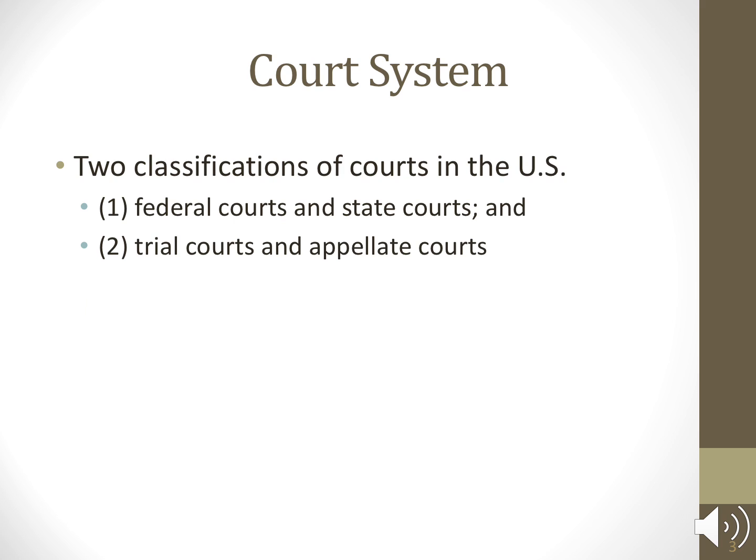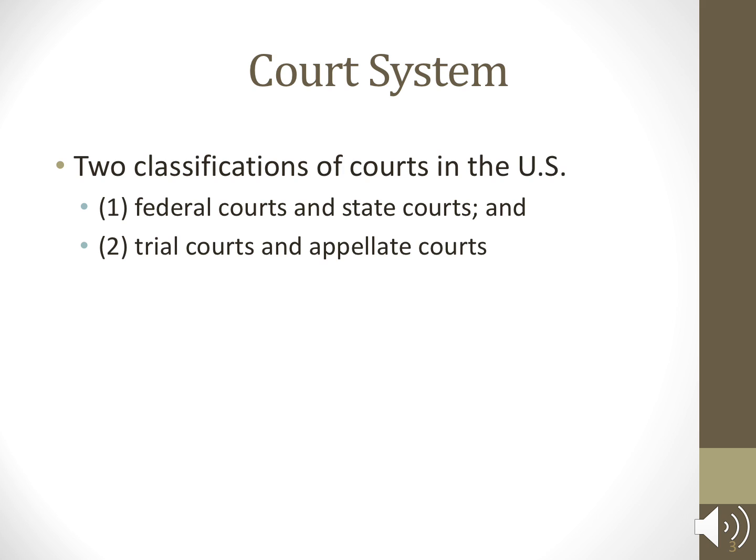We can classify courts in two different ways in the United States. The first is the distinction between federal courts and state courts, and the second is the distinction between trial courts and appellate courts. With respect to the first distinction and classification, remember that every jurisdiction gets to make their own laws.